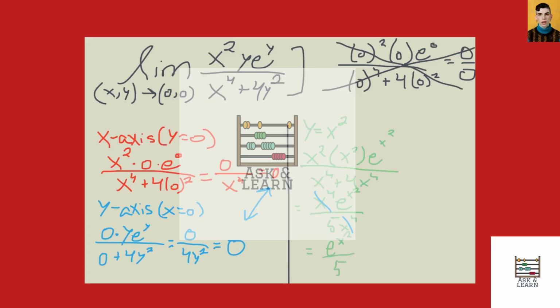And if we then take the limit of that as (x, y) approaches 0, here we can just substitute 0 in for x. So that gives us e to the 0 over 5, which is just equal to 1/5. And we see this value, 1/5, does not match up with the zeros we got for the x-axis and the y-axis. So because the limit is not the same in every direction, we can say the limit does not exist.